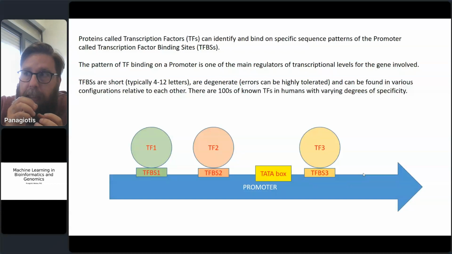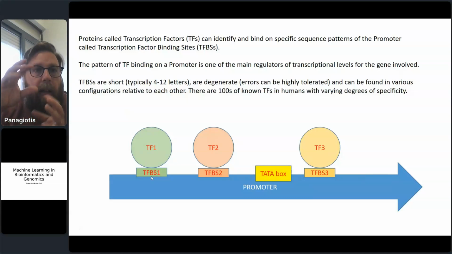What happens is that transcription factors binding or not binding to the promoter modulates, basically turning the knobs of the controller, and this can affect how much of this gene will be produced. Many promoters also have a thing called the Tata box.